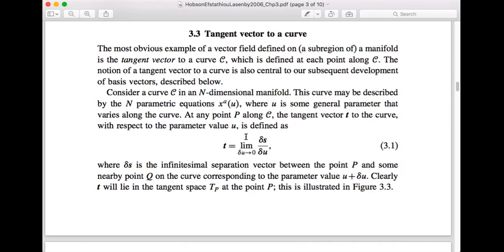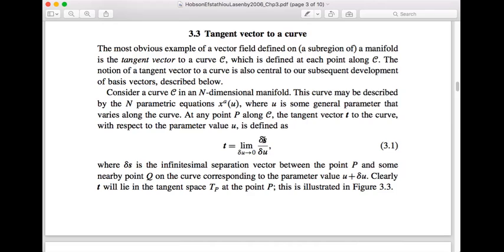So this is how you would define the tangent vector along some curve, for example, in the two-dimensional Euclidean plane, but this can be easily generalized to an n-dimensional space. In fact, it can be generalized to any pseudo-Riemannian manifold, right?